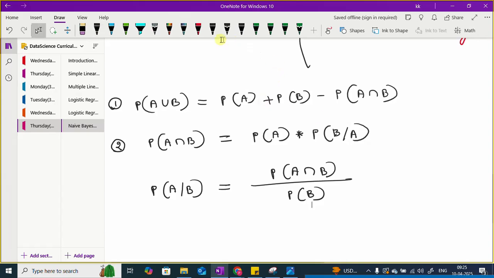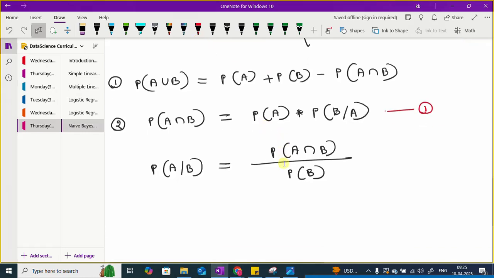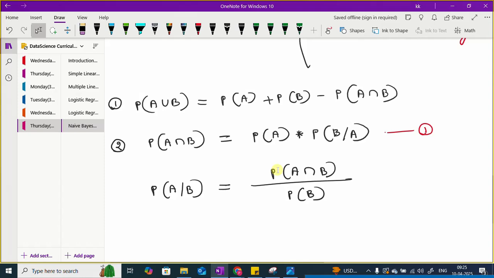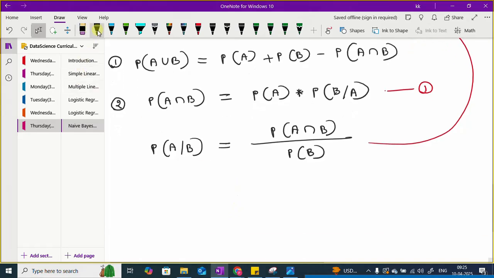Now, let me give some equation numbers. This is equation 1. This is not required, this is an existing one. Now, this formula exists for scenario 2. Let me simplify this equation. Can I write probability of A intersection B here?